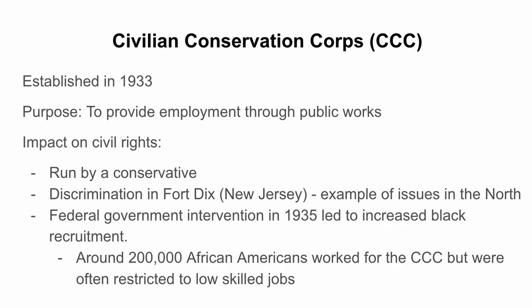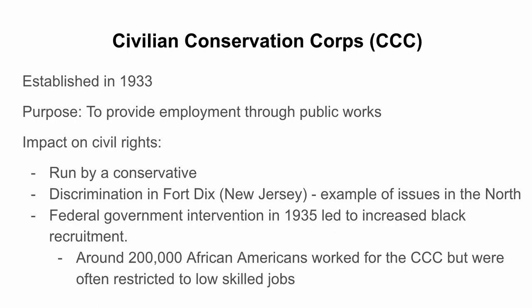What happened there, in short, was that some African American workers went on strike to highlight the poor conditions they faced in this camp, and they ended up being fired.